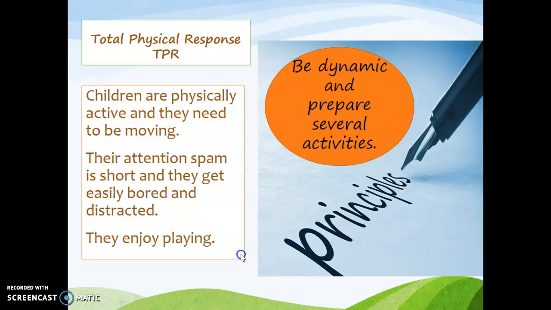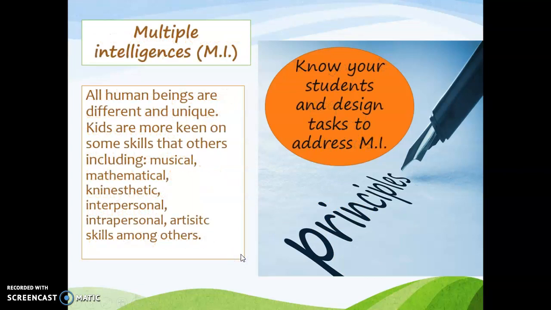After, we have to keep in mind the theory about multiple intelligences. In this theory, we know that all human beings are unique and different, and kids are more keen on some skills than others. Anyways, we have to implement this principle in class by first knowing your students and designing tasks that address different multiple intelligences.